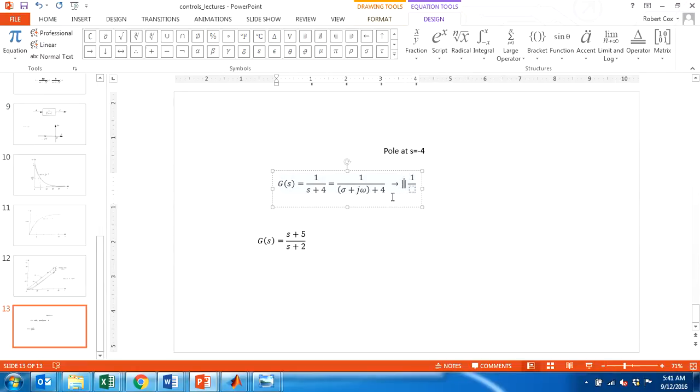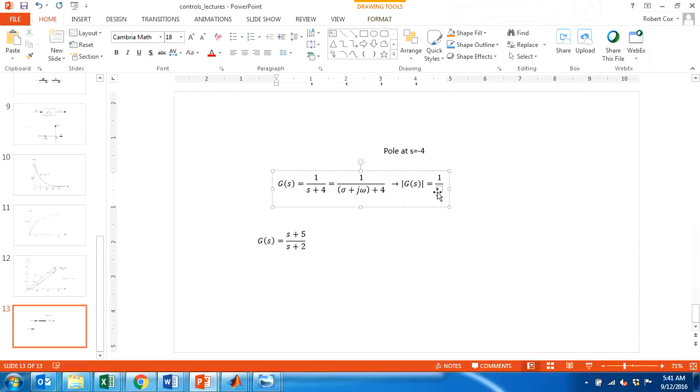If I want to write the magnitude of that, this should be a good review, I can say that it is 1 over the square root of sigma plus 4 squared plus omega squared. That's the part that we effectively look at.